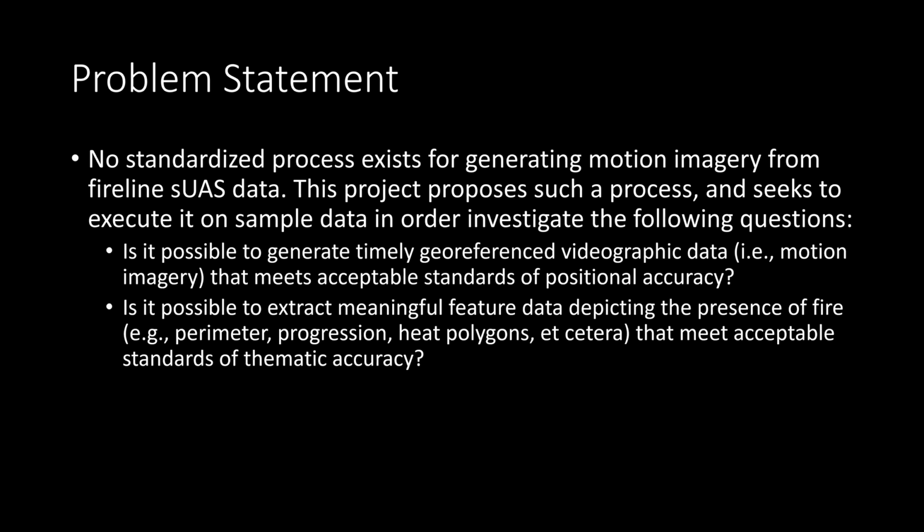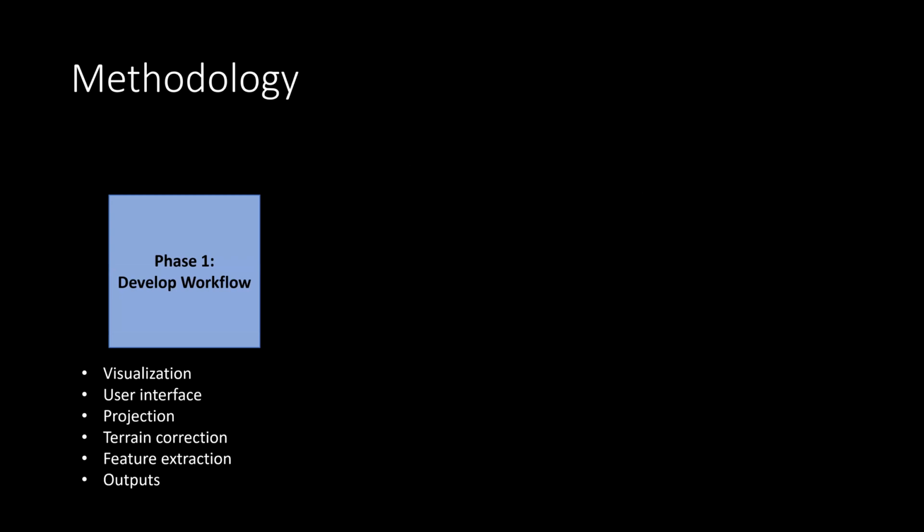And then is it possible to extract meaningful feature data from the video depicting the presence of fire that meets acceptable standards of thematic accuracy? And so I've got a 3-phase workflow put together in order to pursue that problem statement.